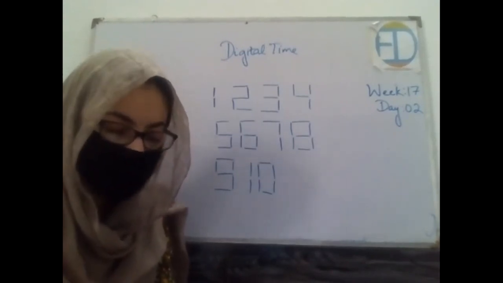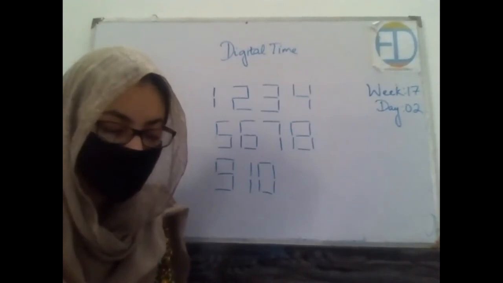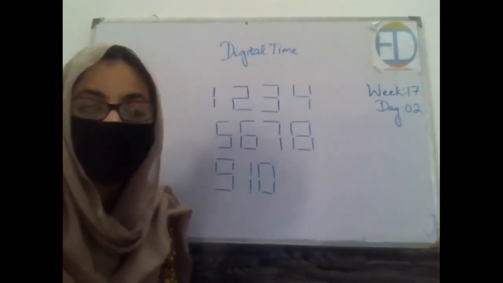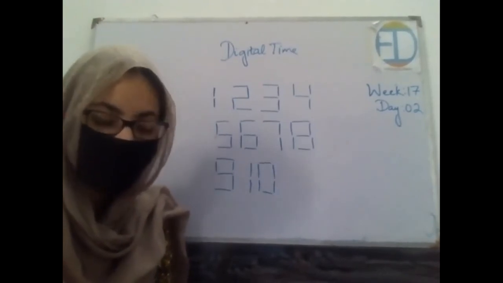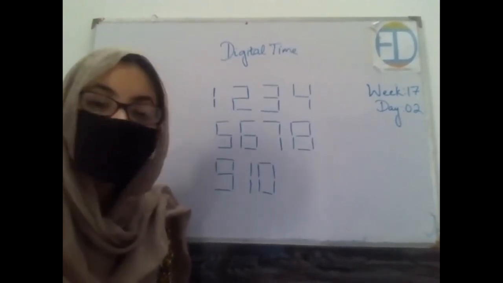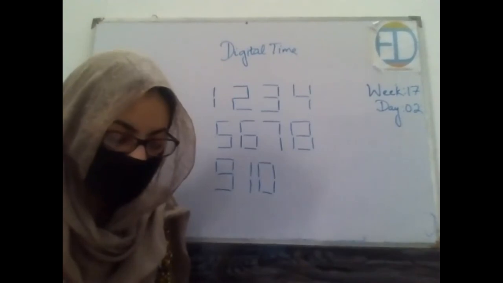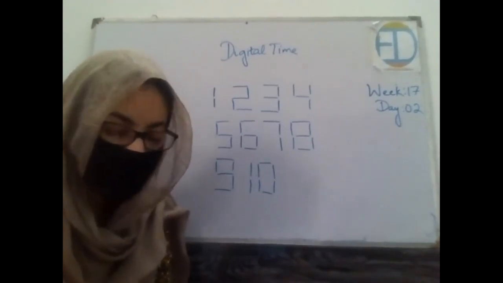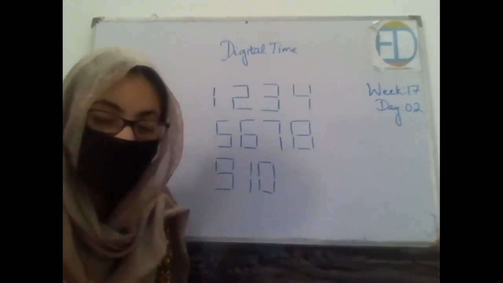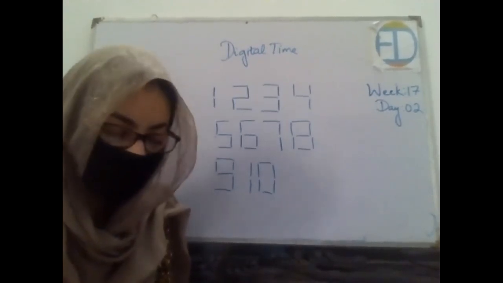Okay, so in the next, the last question says that read and write these digital times. The times have been written. So who is going to tell me what time it is in the first digital clock? It's 1 o'clock. Very well done. In the next one, yes, Vasi, you tell me what's the time in it. It's 2:30. Very well done.